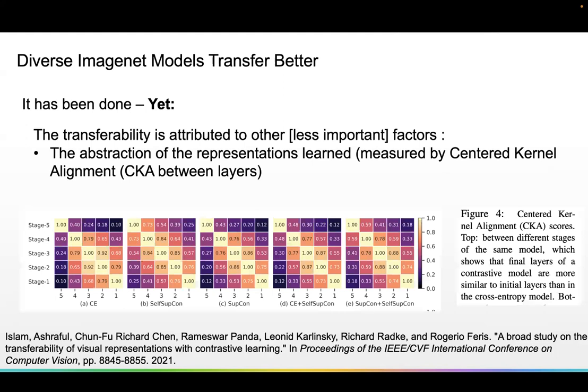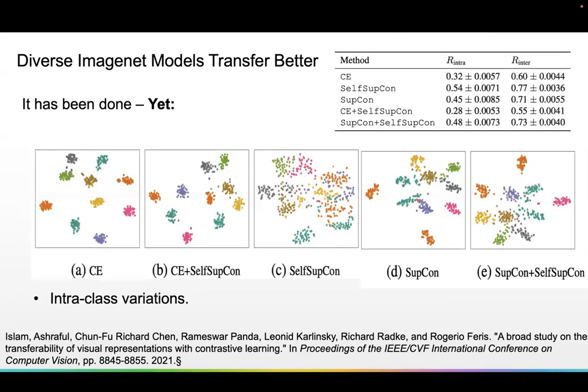So those models that have more different feature representation learned by different layers enjoy the higher transferability. Or in another case, the intra-class variations and inter-class variations were both shown to be correlated with the transferability.